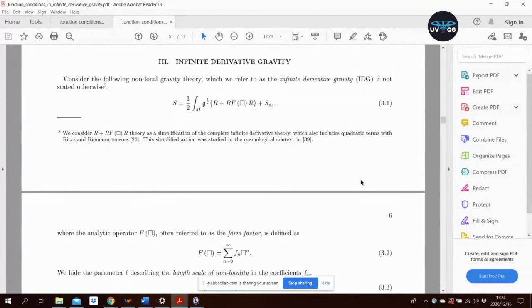But if you know the value of that function at the point and all its derivatives, that expansion is going to give you the value of the function at every point of the spacetime. So that's when non-locality is playing a role.